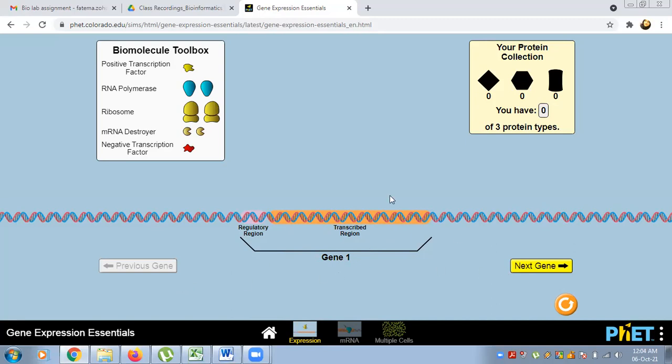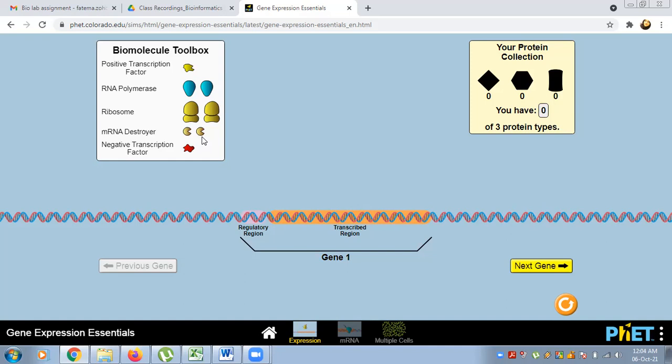So you can see there is a toolbox having the positive transcription factor, which will help the transcription. There are RNA polymerase that will also help the transcription, and that will actually initiate the transcription. There are ribosomes, which is another apparatus, which is actually translation apparatus, which we will require for translation. Then mRNA destroyer. These are the factors that destroy the mRNA and decrease the protein production by destroying the mRNA and decreasing the mRNA level.